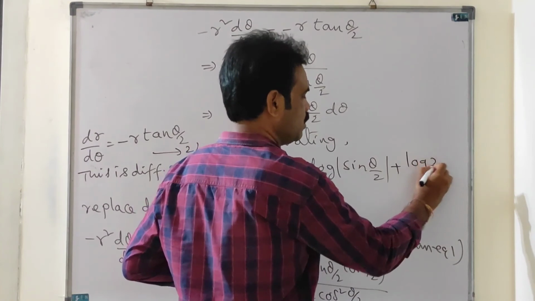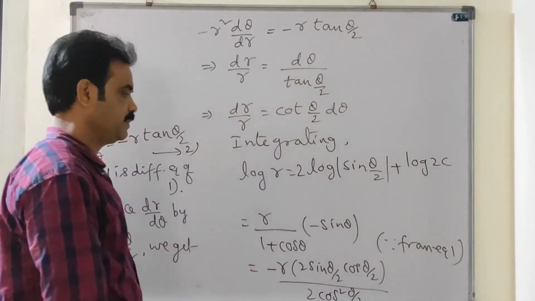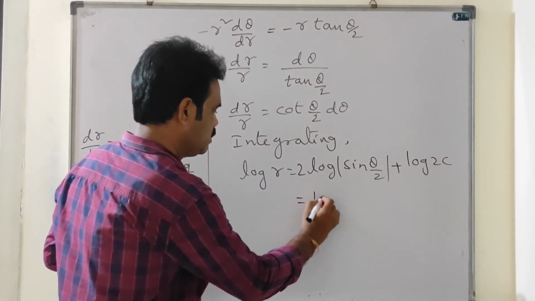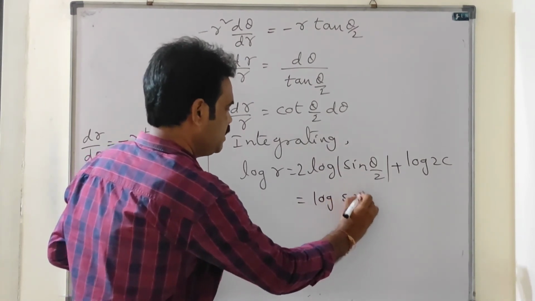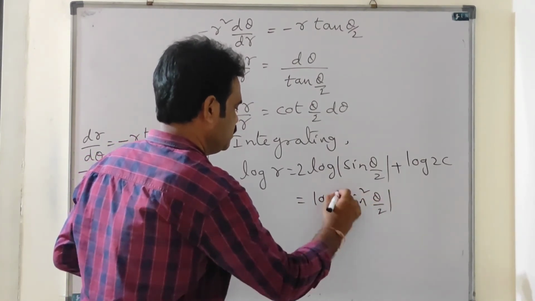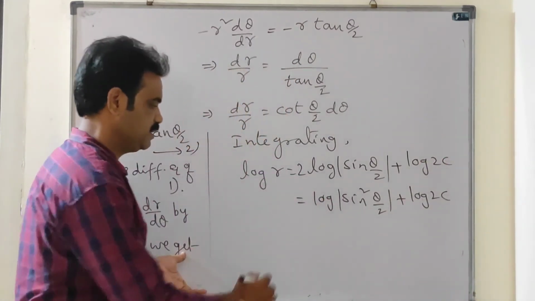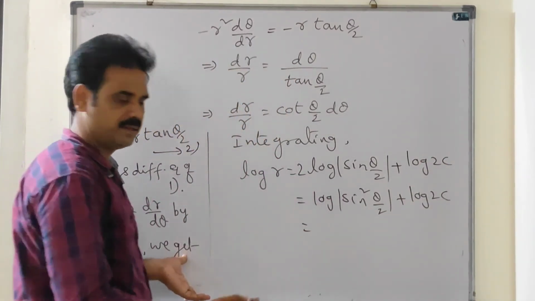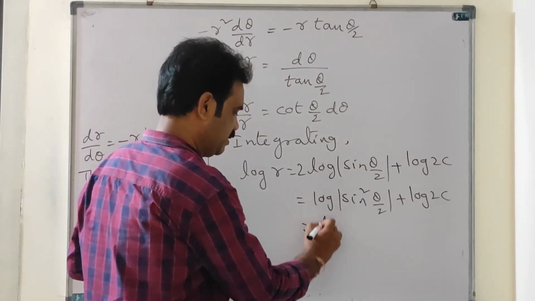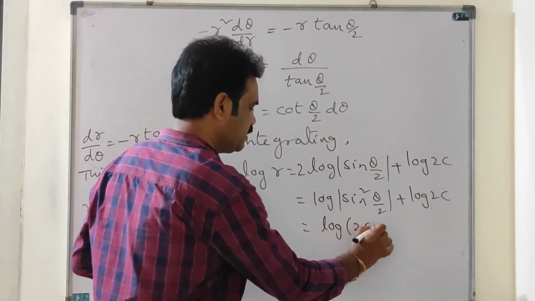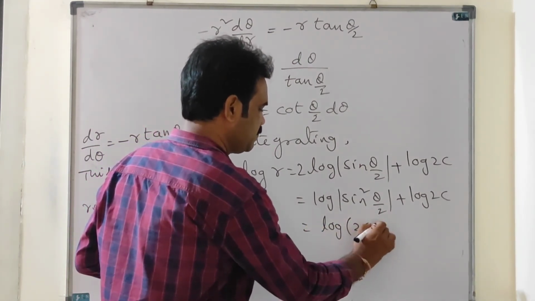Let it be some log 2c. Okay, that is equal to log sin square theta by 2 plus log 2c. Log a plus log b is log ab. Log 2c sin square theta by 2.